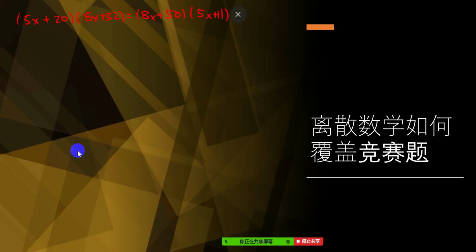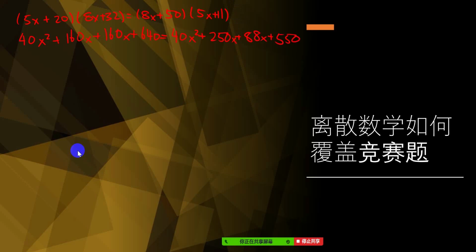And then we take out the brackets, it would be 40x squared plus 160x plus 160x plus 640 equals 40x squared plus 250x plus 88x plus 550.